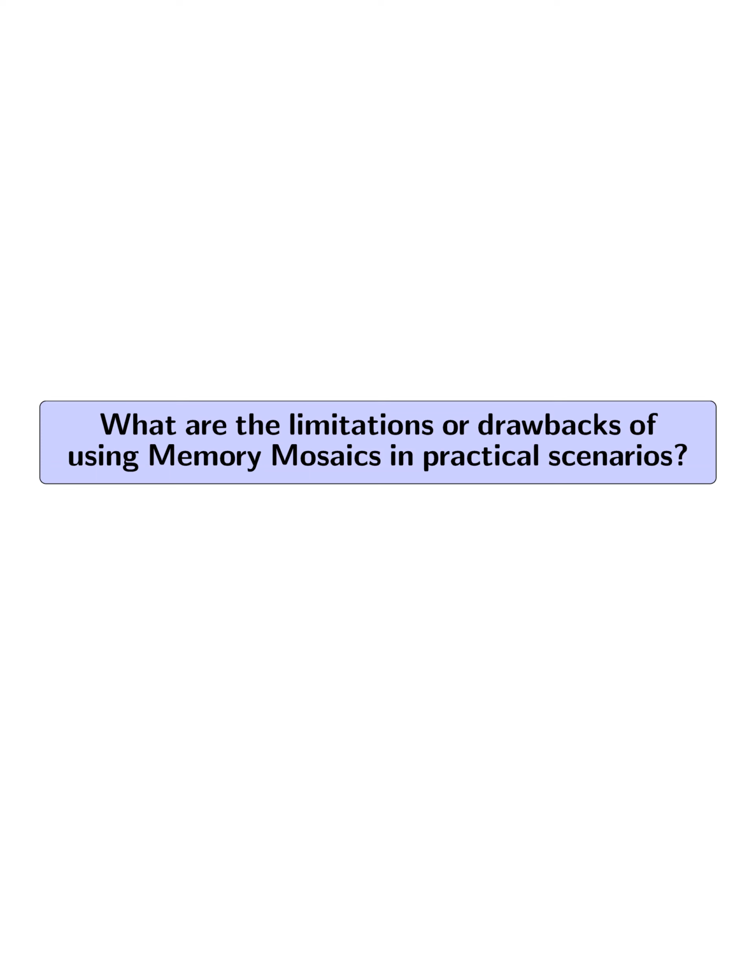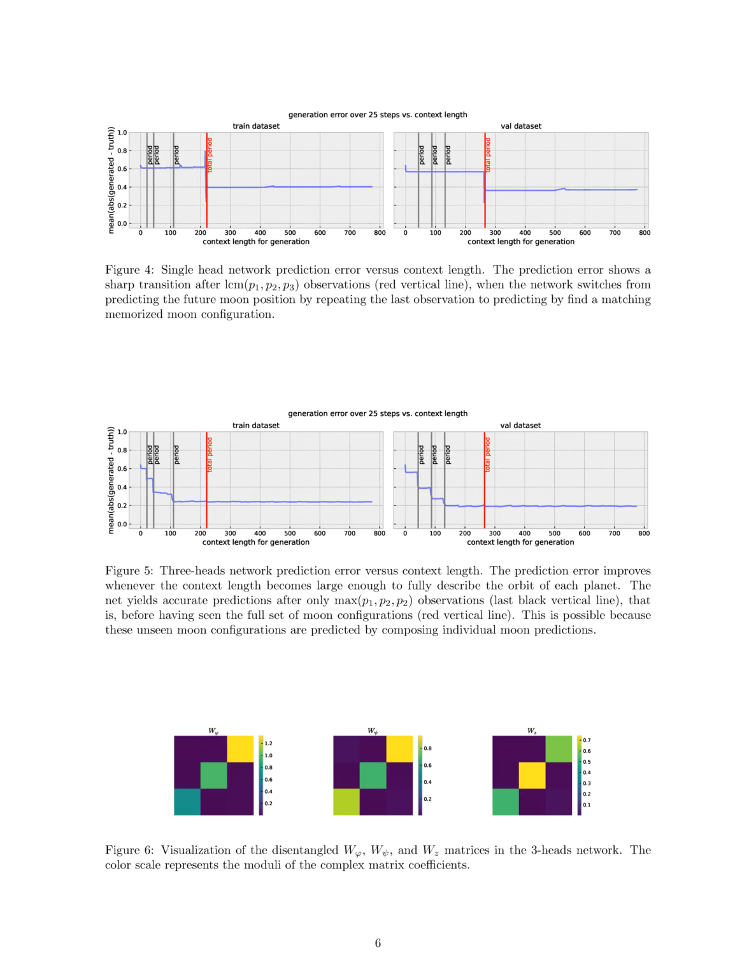What are the limitations or drawbacks of using memory mosaics in practical scenarios? The limitations or drawbacks of using memory mosaics in practical scenarios include the challenge of training the architecture, which can be quite challenging and resemble the XOR networks of the early times. Reliable convergence may require specific strategies, such as restricting linear operations or clipping the mean squared loss.